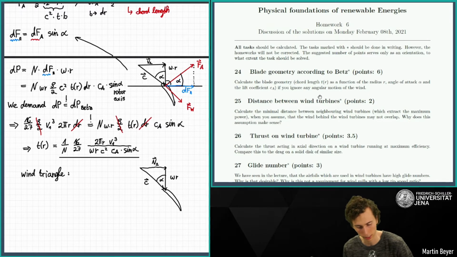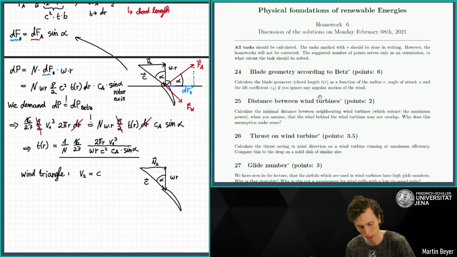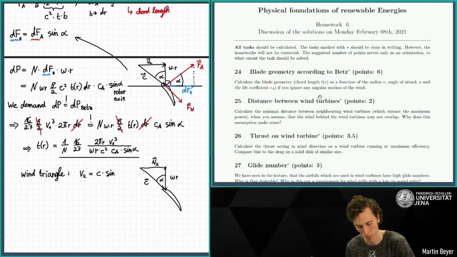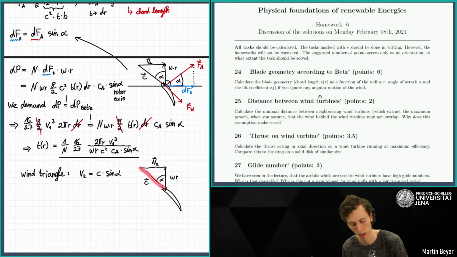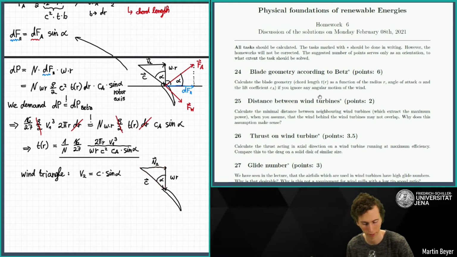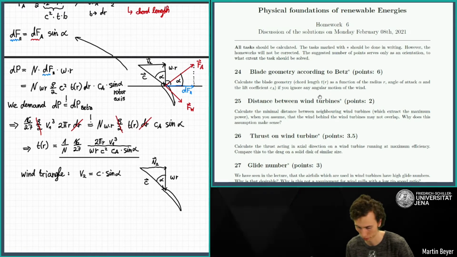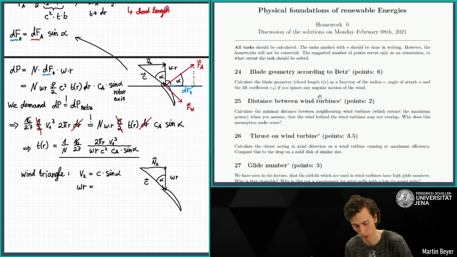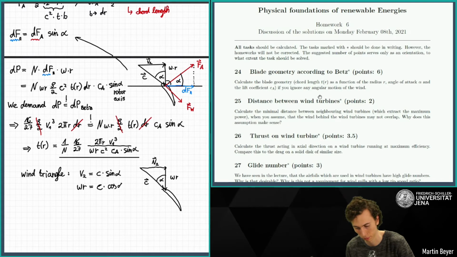Namely, V2 is connected by C times the sine of alpha, just using that the sine is defined as this length over the hypotenuse. And also we can find that omega times r, so the other length, is just C times the cosine of alpha.